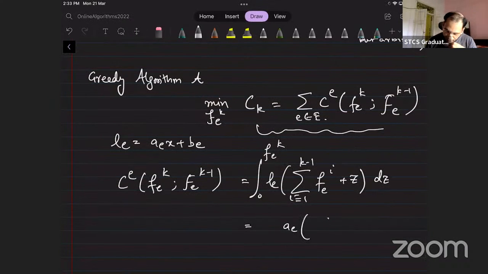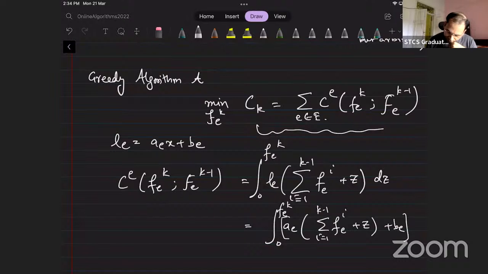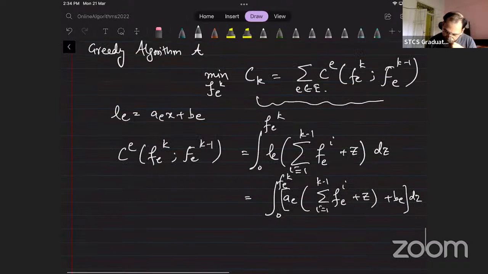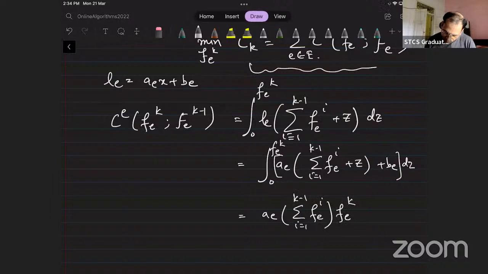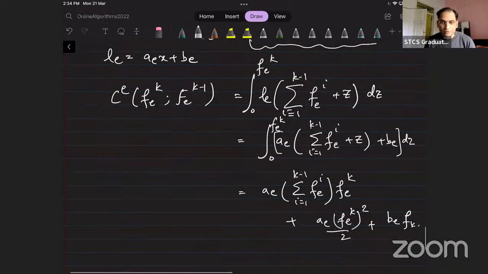I get A_E times the sum over i going from 1 through K minus 1 of f_Ei times f_EK, plus A_E times f_EK whole square by 2, plus B_E f_EK. I'm writing this out because we'll use this over and over and over.